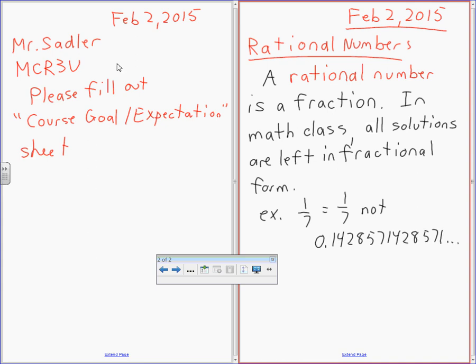If you get any fraction, even if it's 1/2, don't leave it as 0.5. Leave it as 1/2. 1/7 is 1/7. 132 over 14x is 132 over 14x. It should probably be broken down, but you get the point. Okay, so leave things in fractions, please. Fractions are a big part of this course because we're dealing with variables in the fractions coming up very soon.